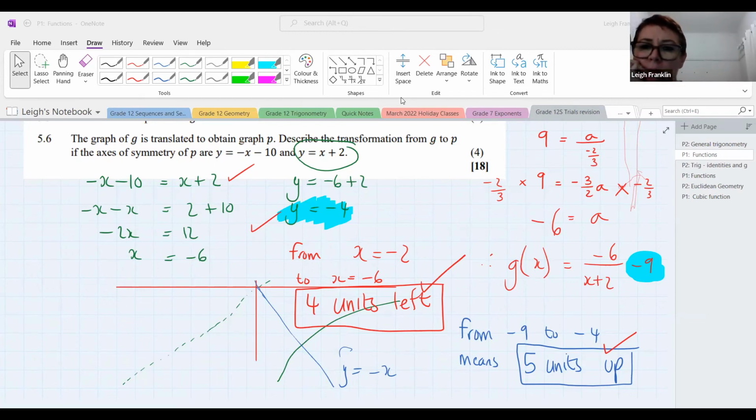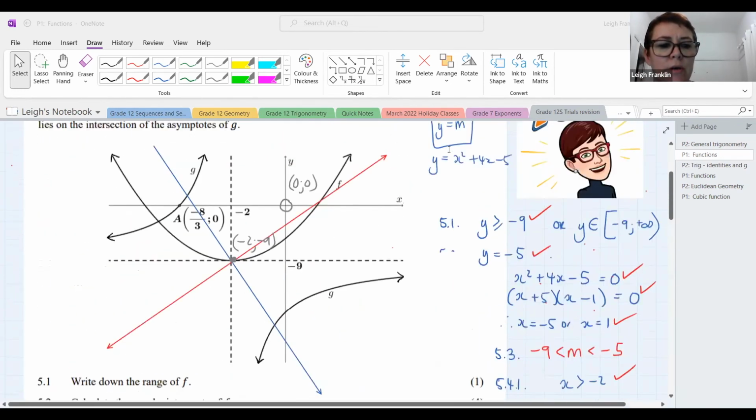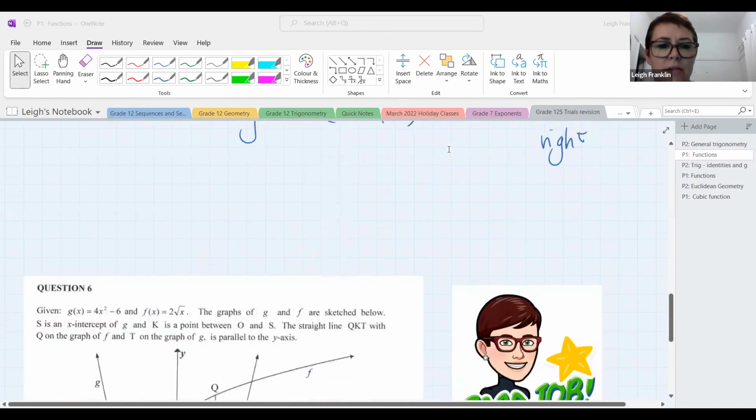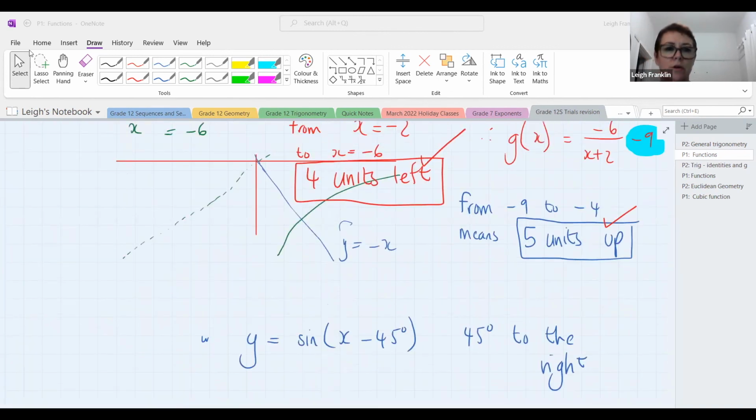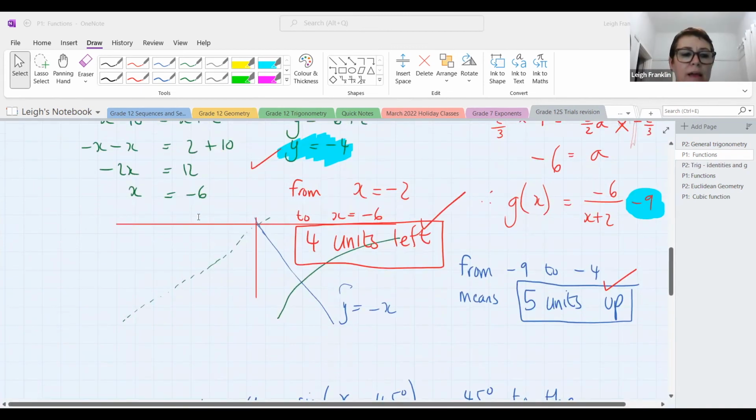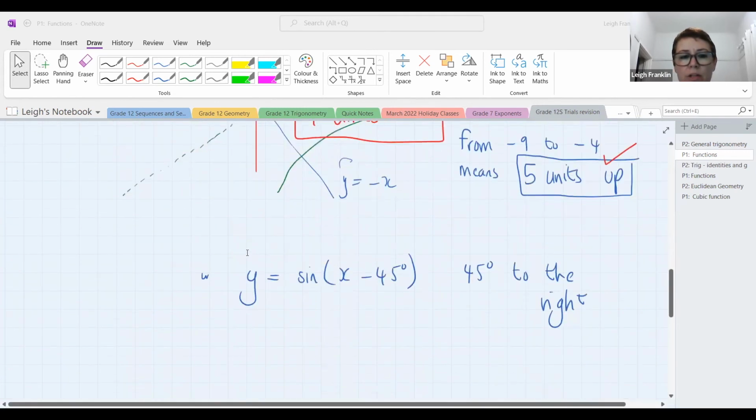Ma'am, can you please re-explain how you concluded that it moved 4 units to the left? With pleasure. Okay, and I see, Kaiser, you've also got a question, so we can talk about that. Are you happy with where the x equals -6 comes from, Rachel? Yes, ma'am.